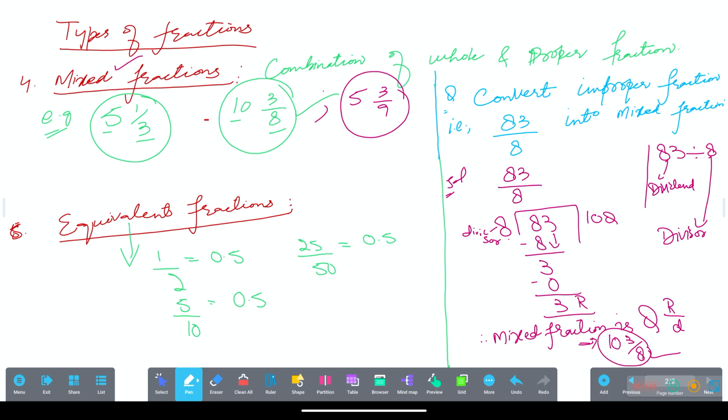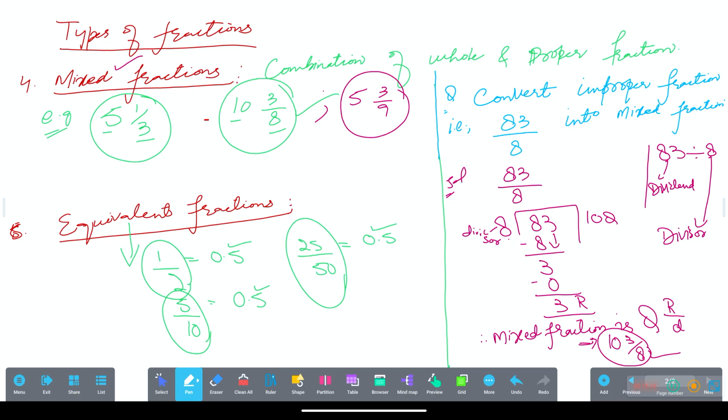So there are infinite possibilities to grab those fractions whose values are equal. The fractions 1 by 2, 5 by 10, 25 by 50, and a lot of fractions have the same value of 0.5. All these fractions are called equivalent fractions.